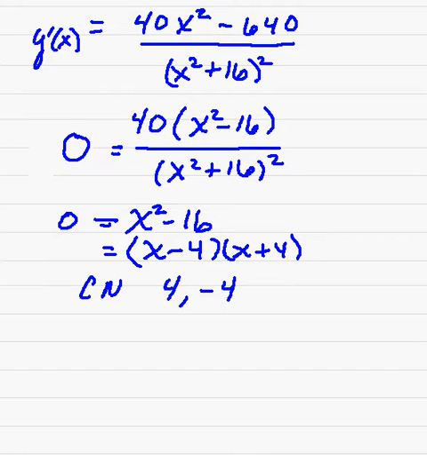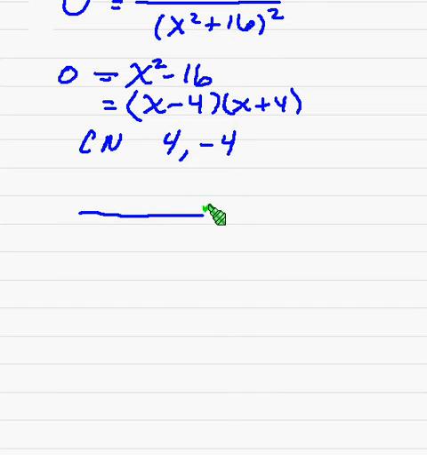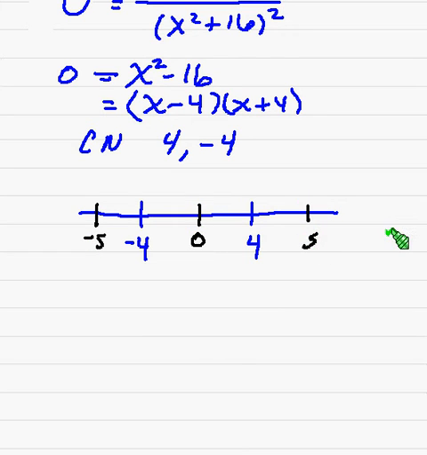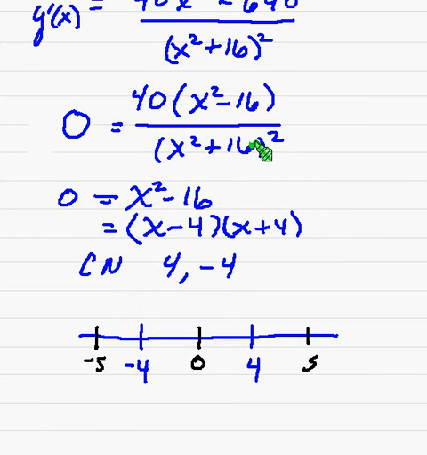So I take 4 and negative 4, plot them on the number line, negative 4 here, positive 4. I choose some test points, for example negative 5, 0, and 5. And then I want to plug these test points back into the derivative that's been factored. So I take negative 5 and plug it in.